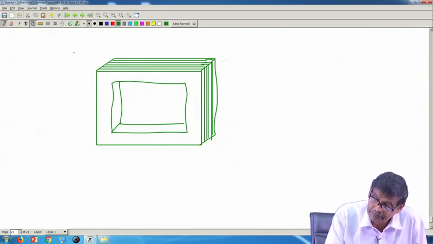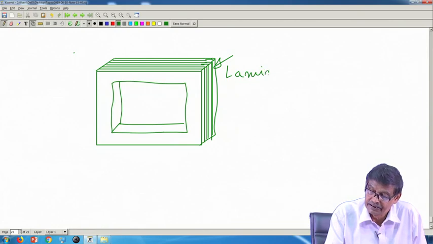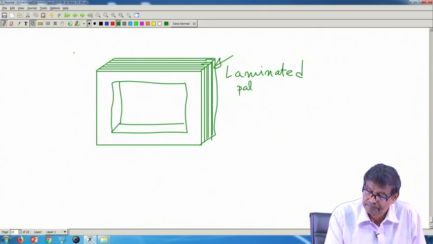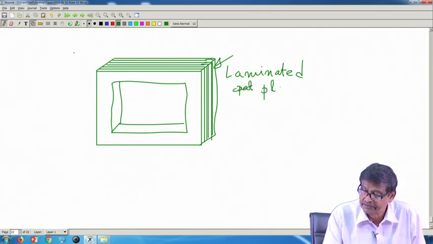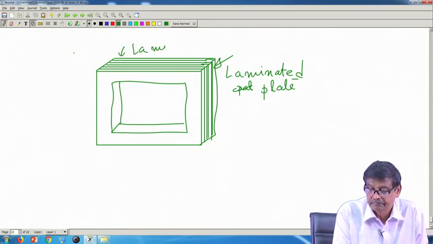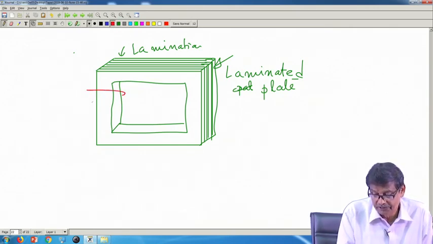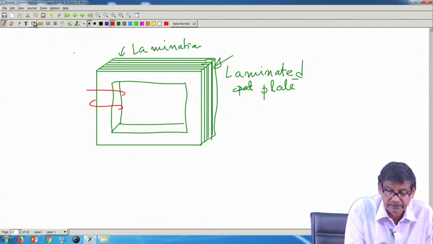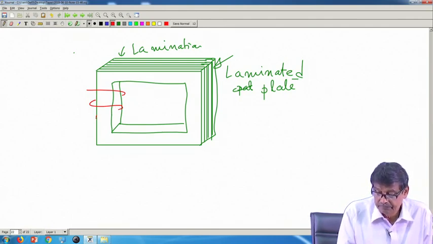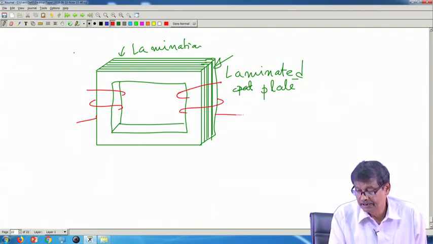These are also called laminated plates. Use laminated plates. In short, each plate is called a lamination. Then you make your winding not over a solid piece of iron, but like this. On the other side it is like this, make your primary and secondary.